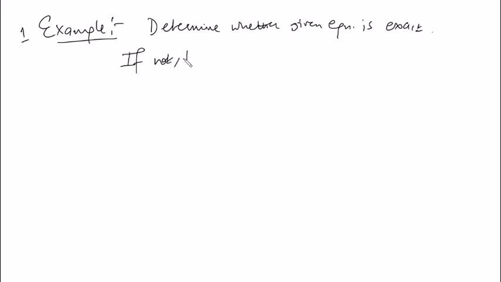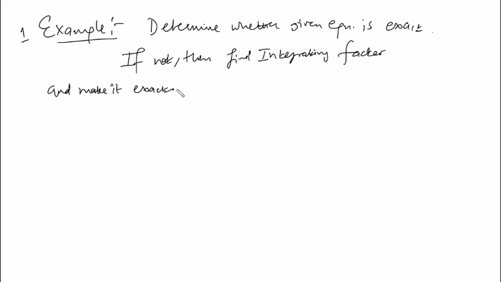If not, then find the integrating factor and make it exact and solve. So there are many questions in one question. Firstly, we have to check whether it is exact or not. If it is exact, we'll solve it. If it is not exact, we will look for the integrating factor and then solve it after multiplying with the integrating factor.